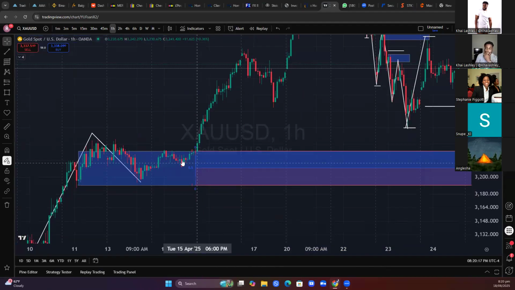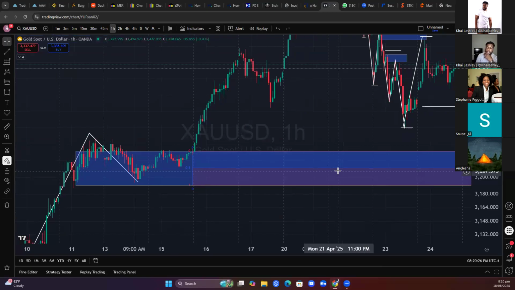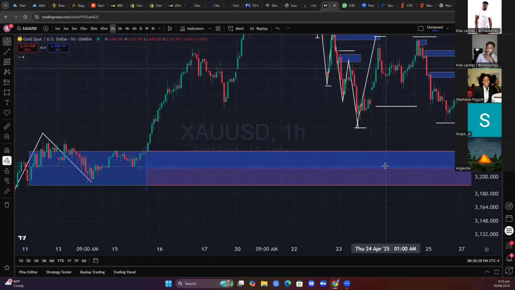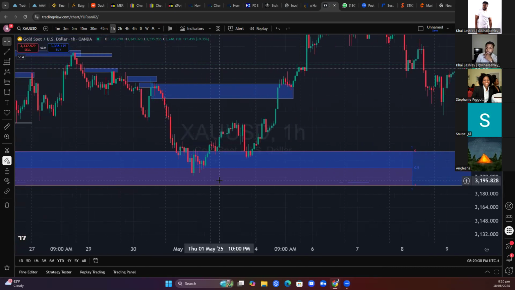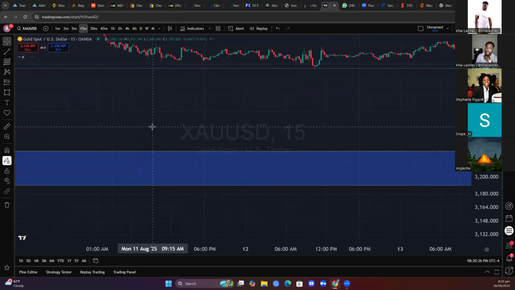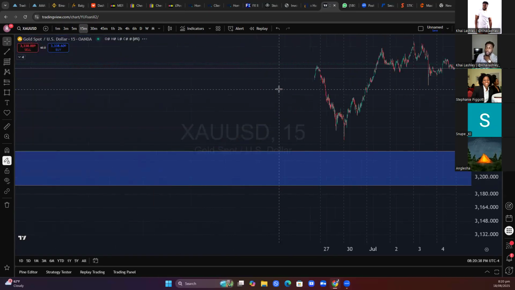We're looking within this area right here. So price comes down into that area, then we're looking for price to give us some type of signal that we are now looking to buy.